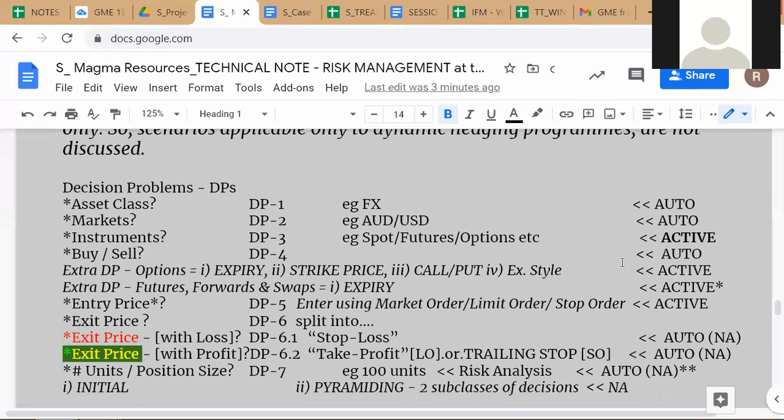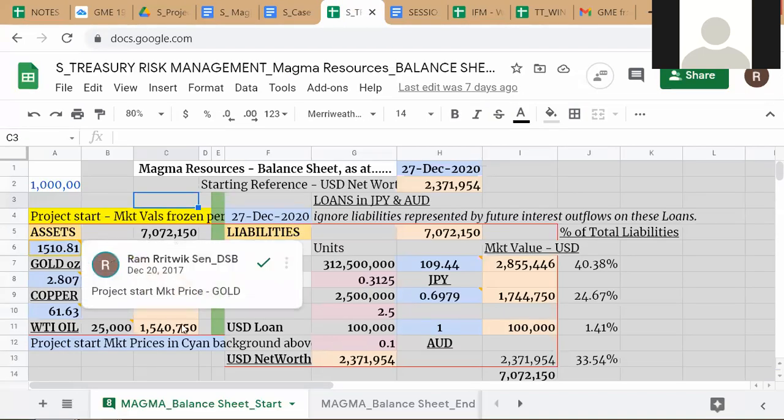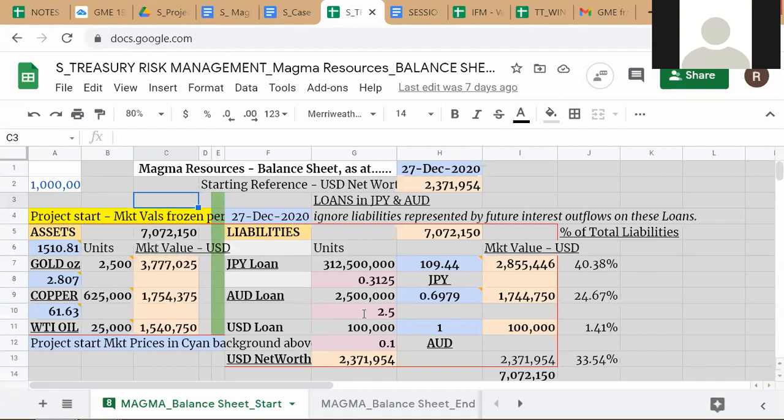Right. So what we had covered in the other class is that this buy-sell decision, which is a big problem in an active risk book, is automatically solved in a passive book, because the sign of your underlying position determines what you have to do here.